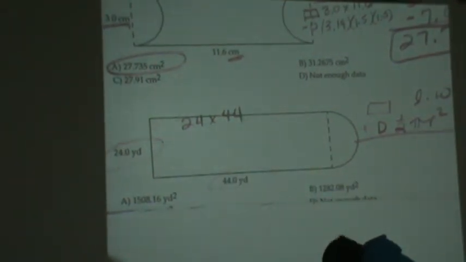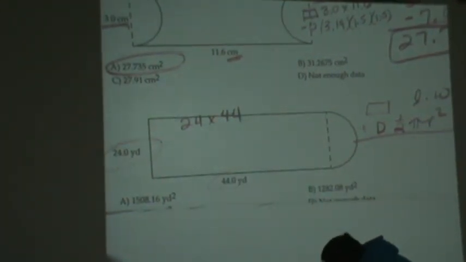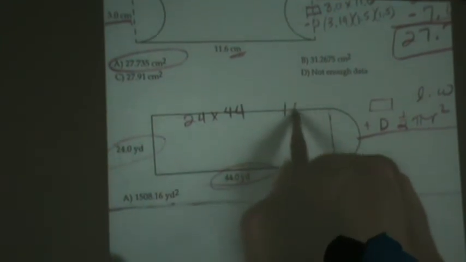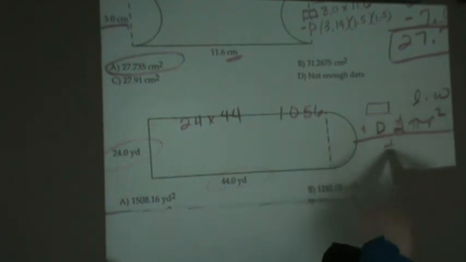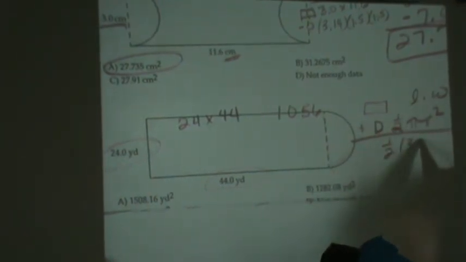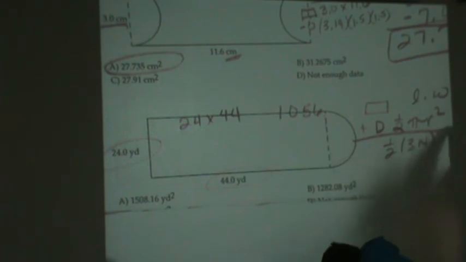Length times width will be 24 times 44, which is 1056, right? 1/2 pi, and what's the radius? 12.